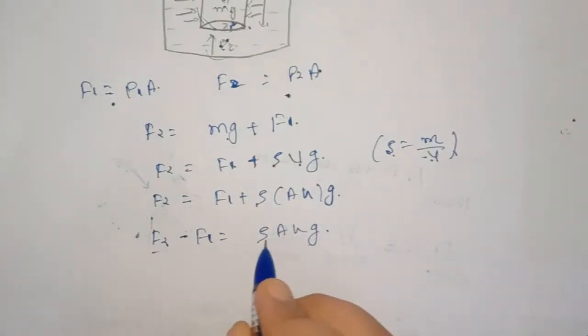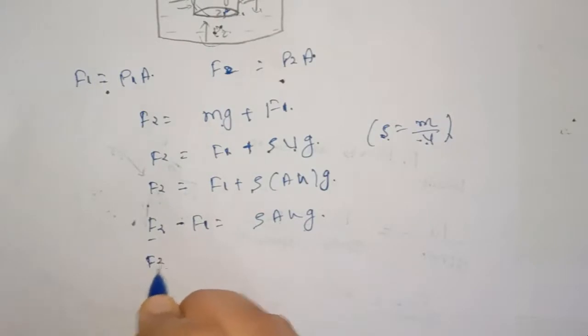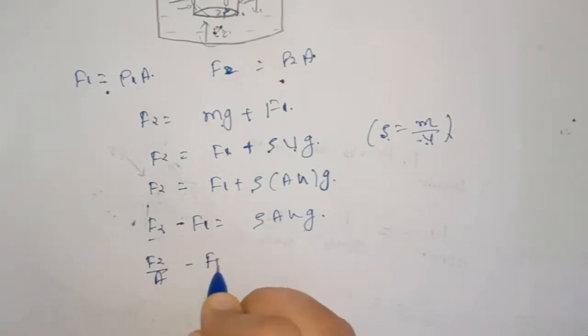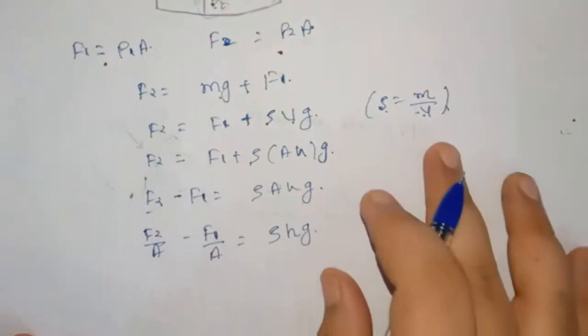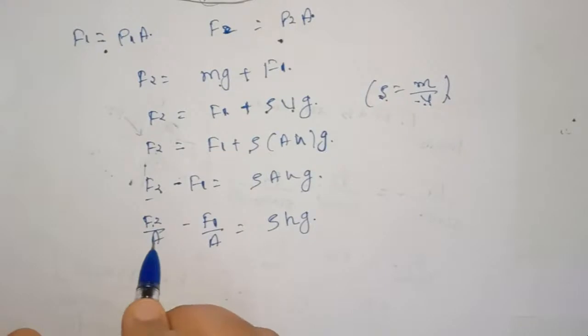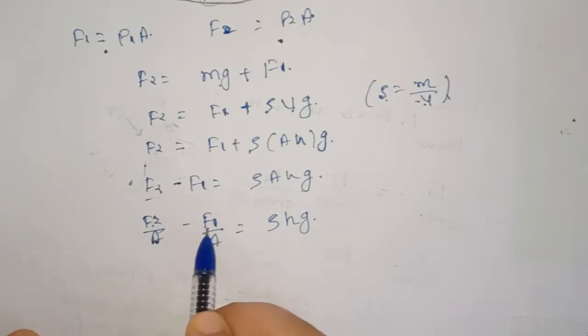Divide both sides by area. So F2 upon A minus F1 upon A will be equal to rho hg. But force upon area, this is the normal force acting at the bottom upon the area of the circular part, and this is the force acting normal on the top surface upon area.